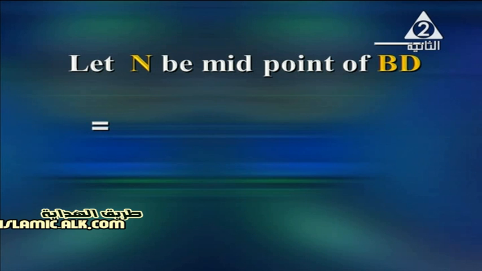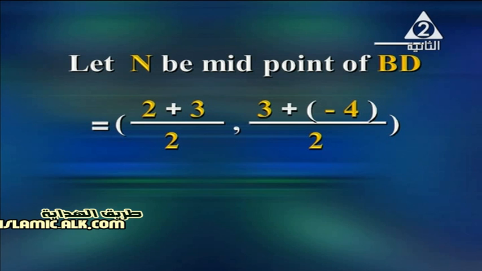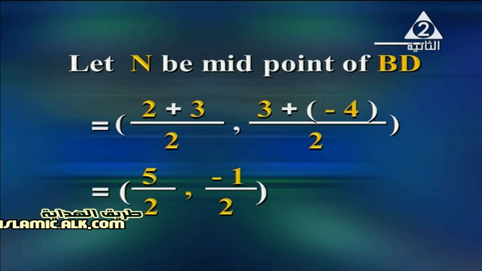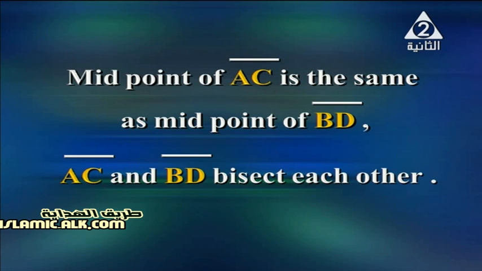Try to find the coordinates of the point N. So it is (2 + 3)/2 and (3 + (-4))/2, to obtain a result as (5/2, -1/2). Then you are going to notice that the midpoint of AC is the same as the midpoint of BD. And in this case, we can say that AC and BD bisect each other.